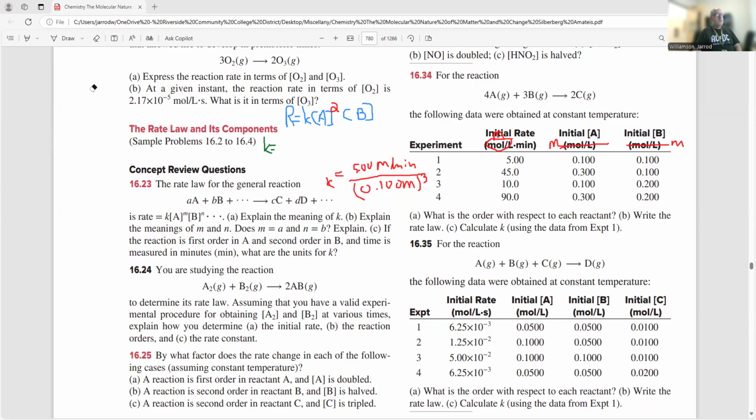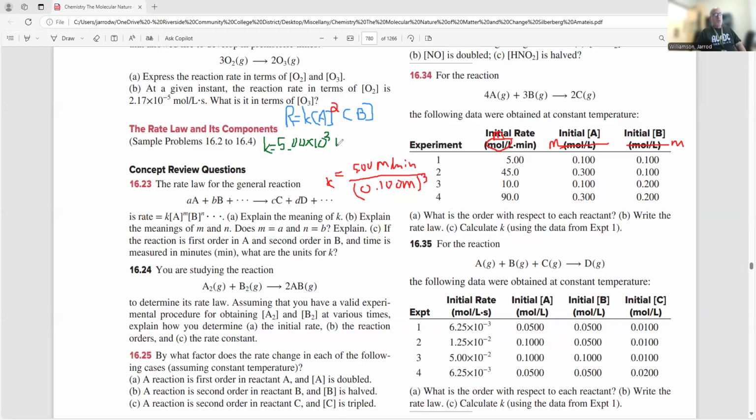Okay, so that's going to be 5.00 times 10 to the third. That's 3 sig figs. And I'm going to have molarity divided by molarity cubed.